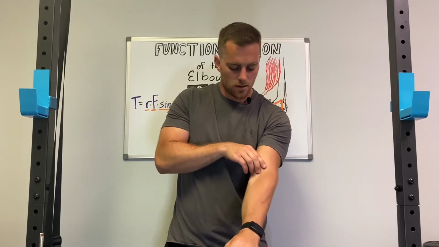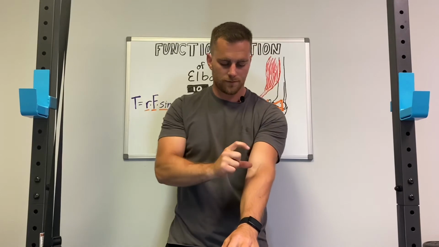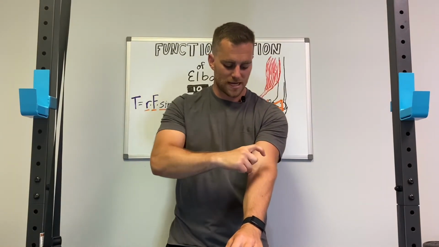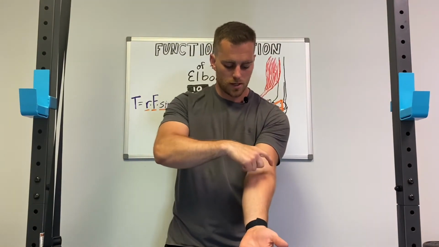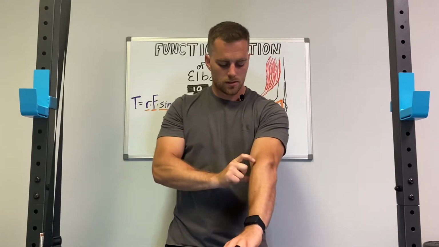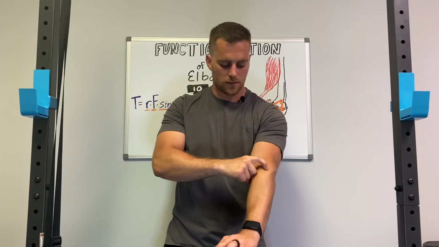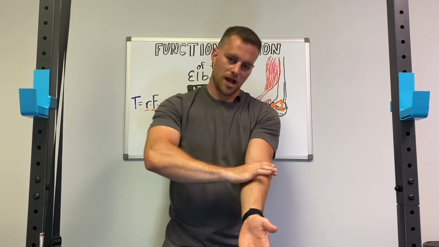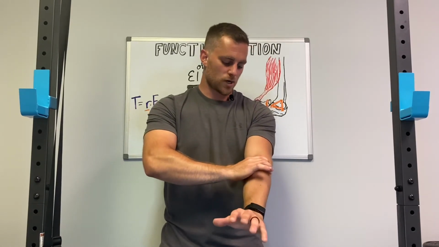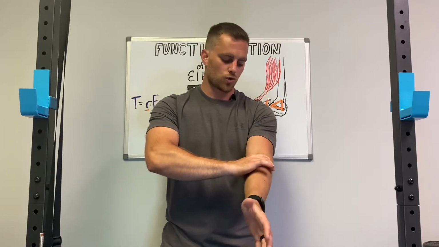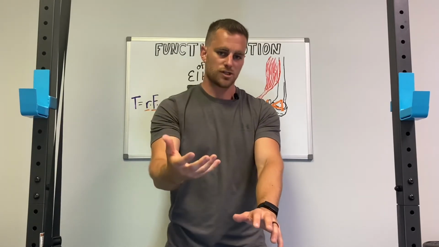As I pronate, the radius flips over and comes on top of the ulna. So right now they're like this, and now the radius is on top and the ulna's on bottom, just like that. The annular ligament's job is to make sure that transition and translation of those bones is smooth and controlled, and that there's no unchecked range of motion.